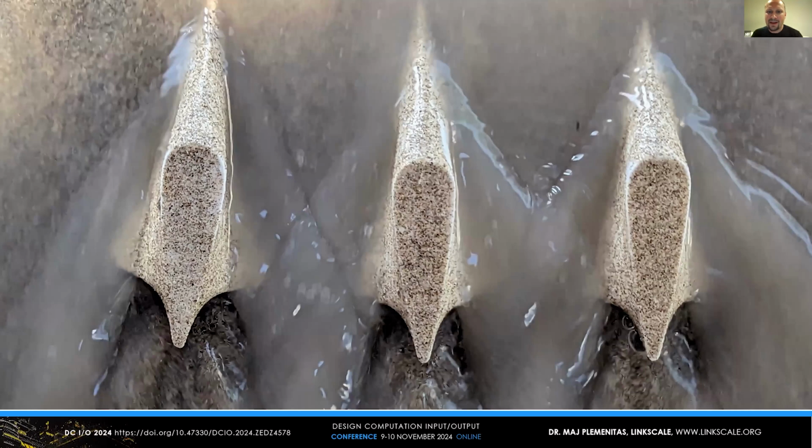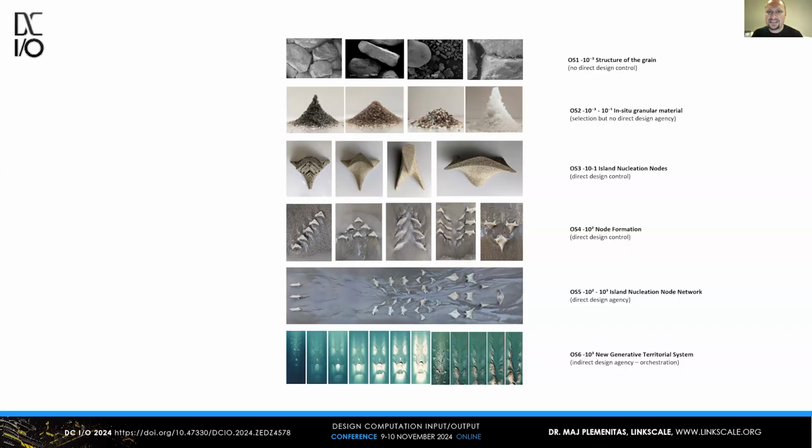But as one develops the structures and exposes them, we also were able to develop them into a multi-scale system, one that operates and acknowledges that, yes, at certain points, we have no direct design control. For example, when we're dealing with the structure of the grain, when we're dealing with the in situ granular material, we have the capacity for selection of a particular site, but again, no direct design agency over the actual matter.